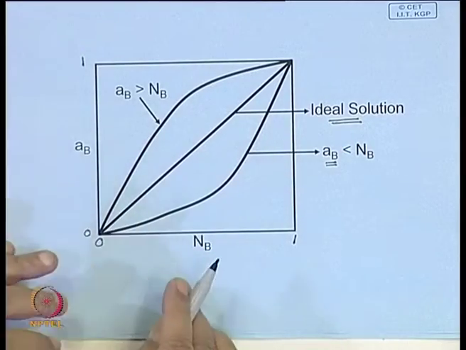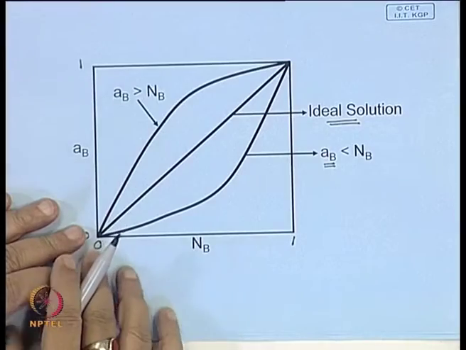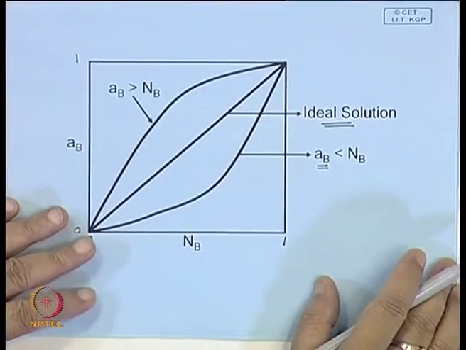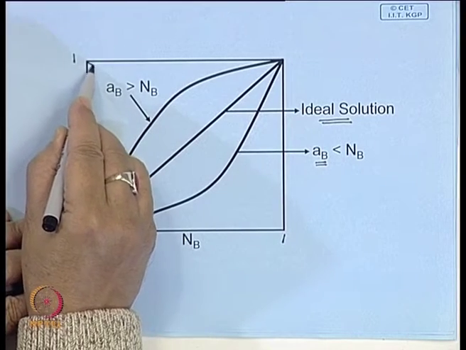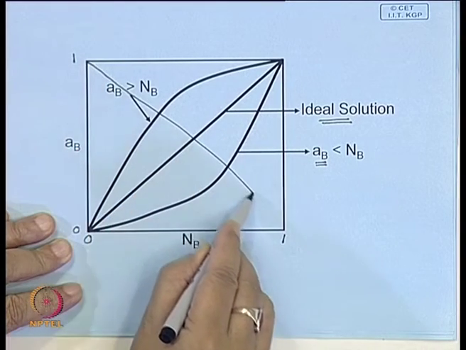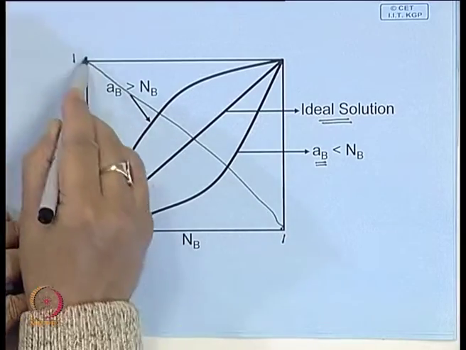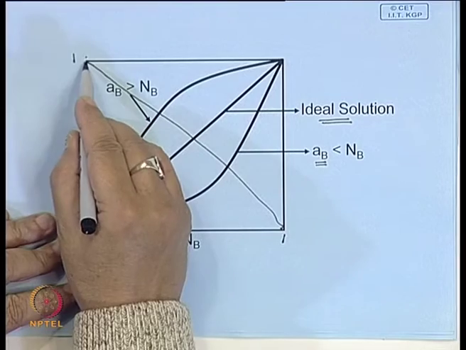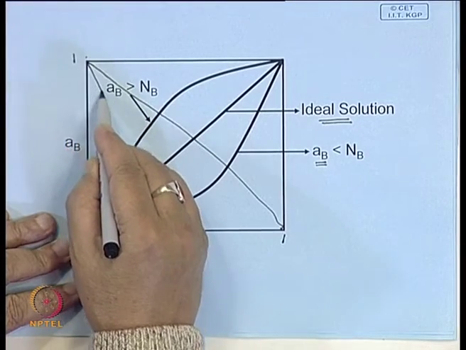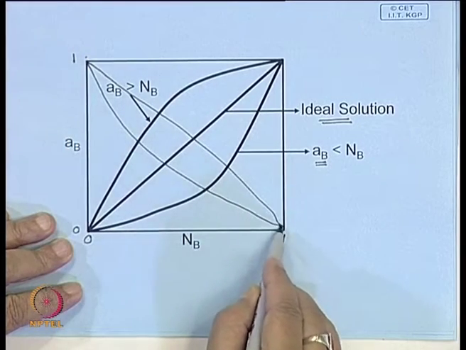In the same way, you can plot over here the activity of A also. Here we have, and this I will leave it to you. So, maybe on this axis, the straight line joining these 2 points will give the activity of A, and then you will also have negative deviations.